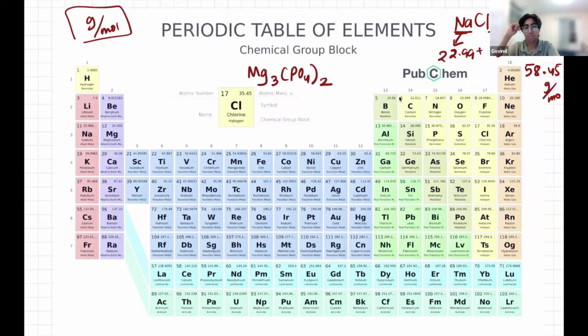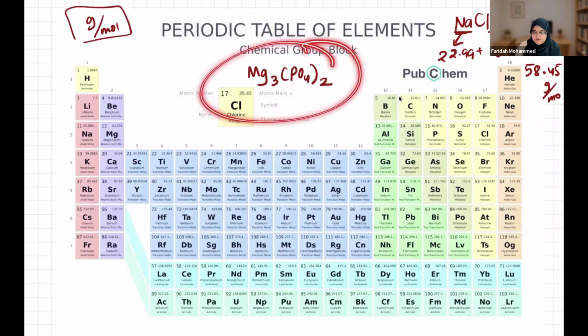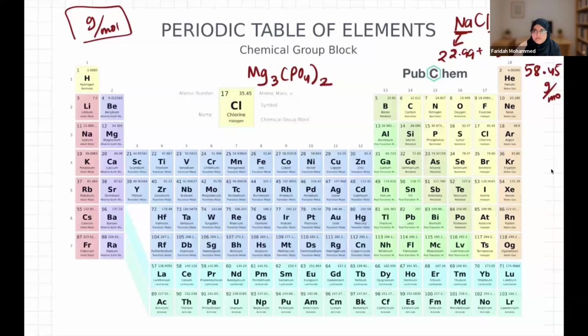What problem are we doing? You want to calculate the molar mass of Mg3(PO4)2. Arun, do you have an answer?